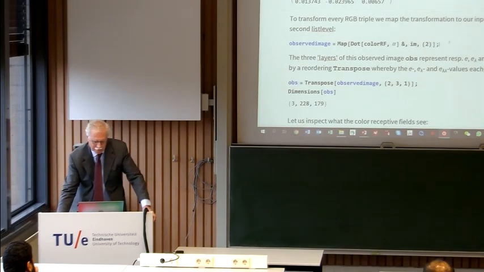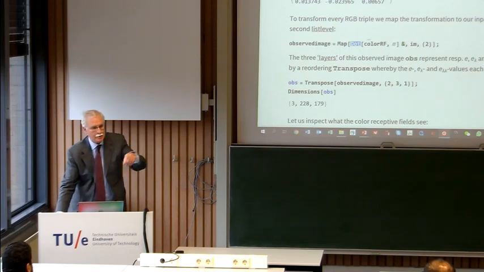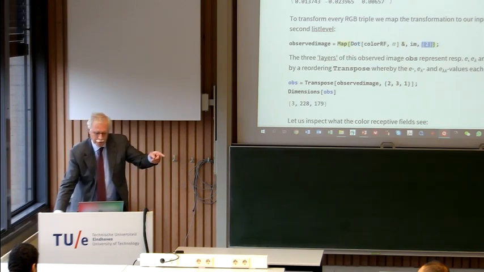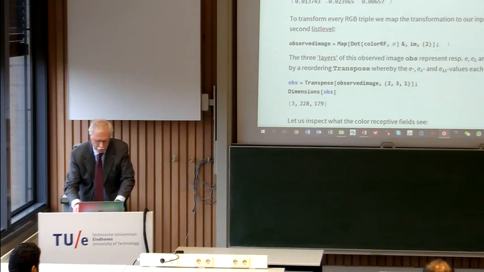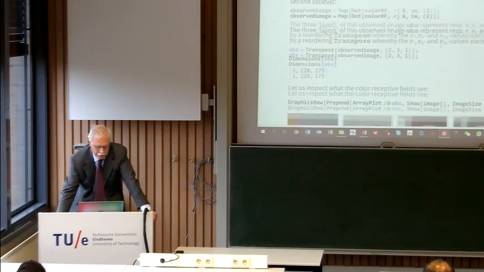And now we map this color RF, this matrix, on every pixel by mapping the dot product. So we do the dot product with this matrix on every pixel. So every pixel is now moved into our new space. This means we do that at the second level, not on the rows, but on what's inside the rows. These are the single pixels. So we call this now the observed image because it has been taken by this receptive field.